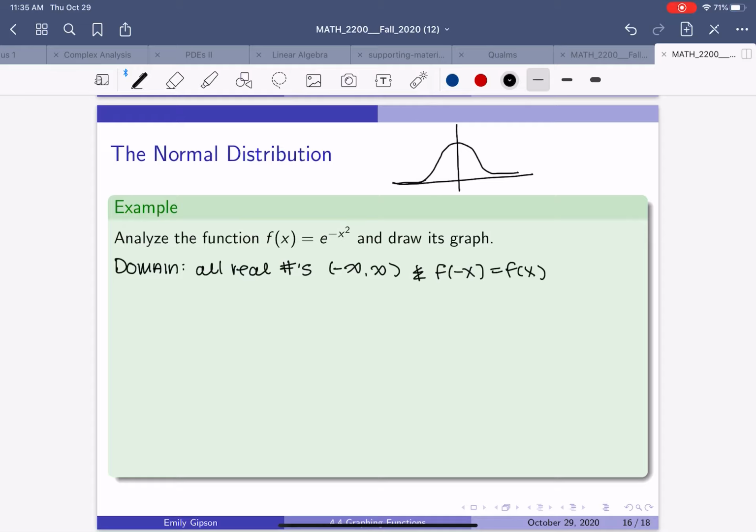So we know that this is an even function, so it better be symmetric around the y-axis. I'm going to erase this just so there's no spoilers. So whatever happens on the left better happen on the right.